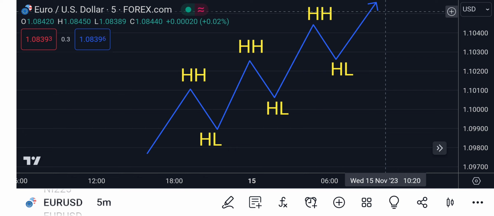So this is how a basic bullish trend market structure looks.